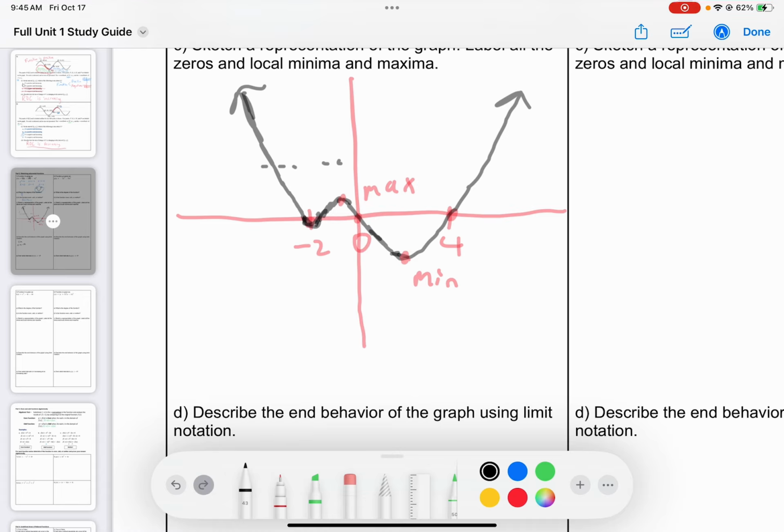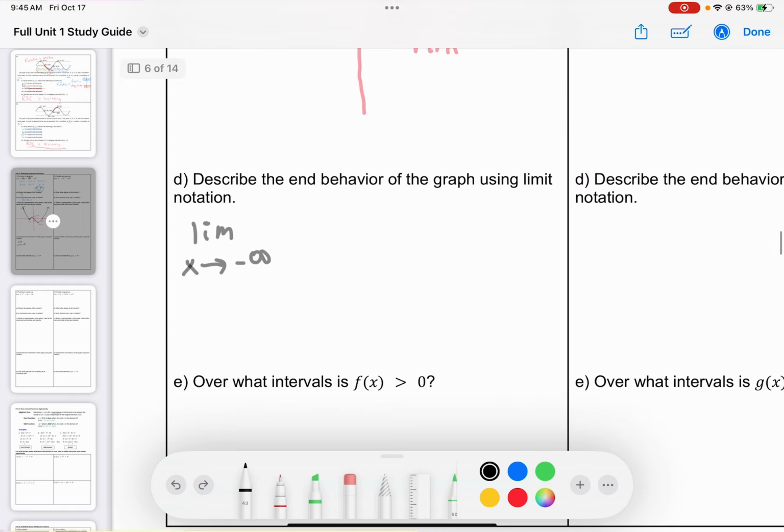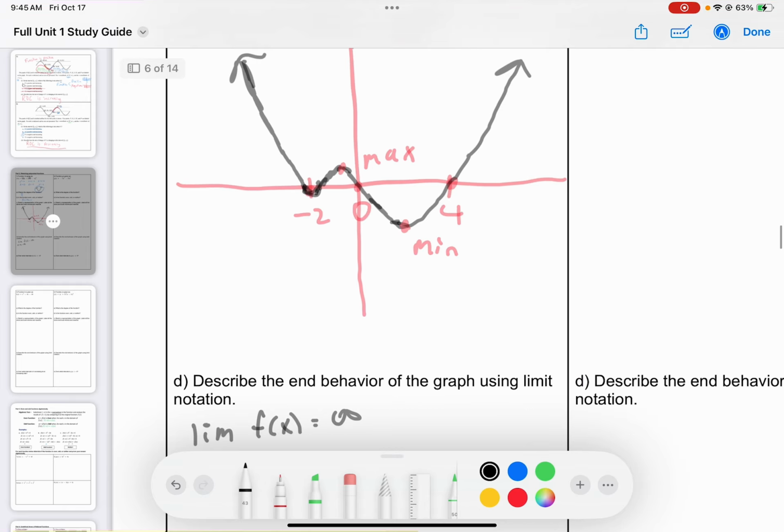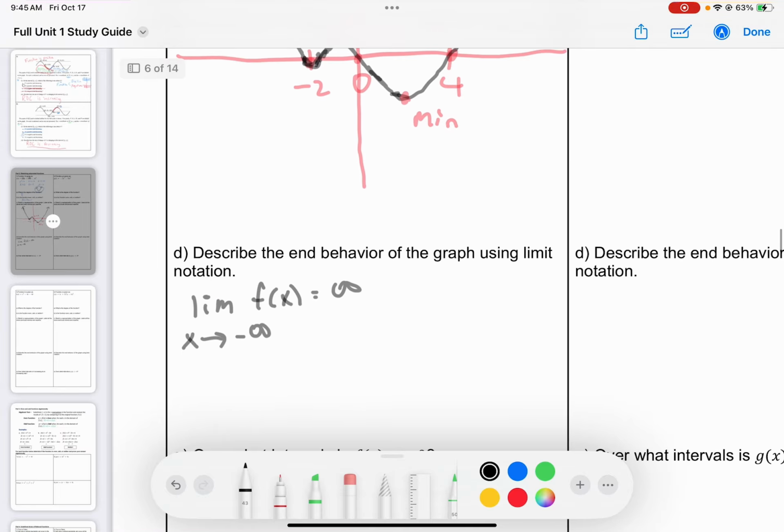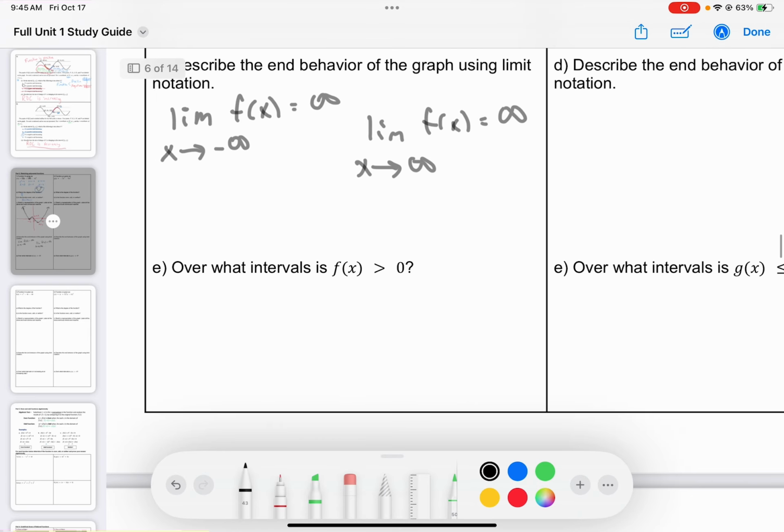So that means as x approaches negative infinity, f of x is equal to positive infinity. And I'm headed towards positive infinity in this direction as well. So I can say as x approaches positive infinity, f of x is also equal to positive infinity.